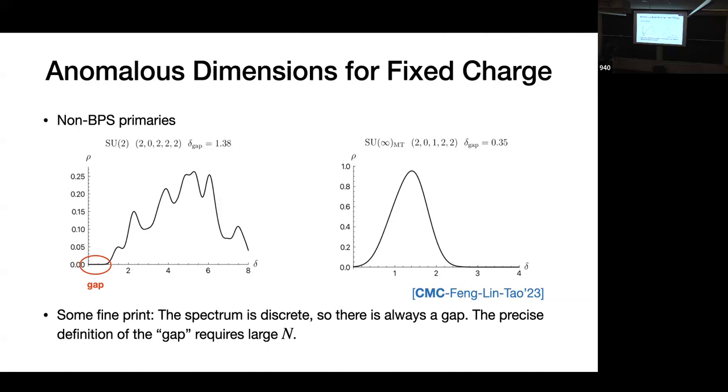Here we consider SU2, and the spectrum is discrete, so there's always a gap because the spectrum is discrete. But our point is that the actual gap is much larger than the gap that we expect from diagonalizing some matrices. Do you mean that you have a gap that is parametrically larger than the gap you would have just because you have finite n? Yeah.